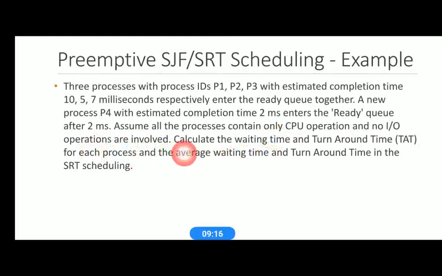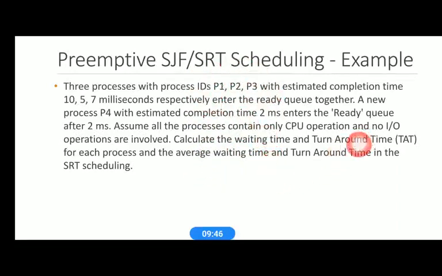Here we assume that only the CPU is involved to execute these processes. We do not make it complex by including the IO operation also. Using this we calculate the total waiting time for each process in the queue, and the average waiting time for all the processes.